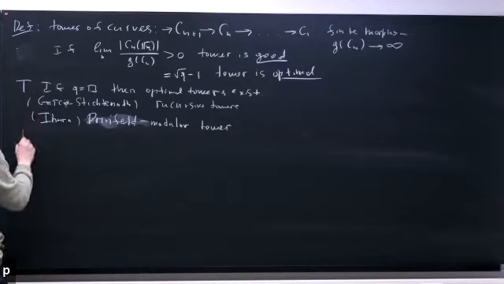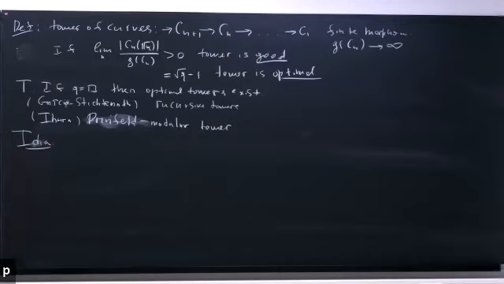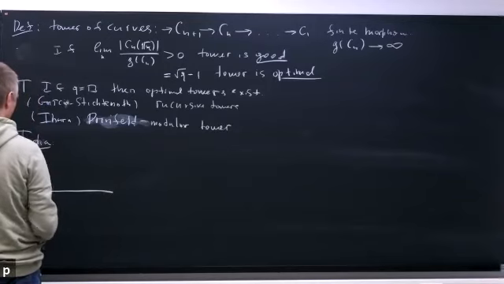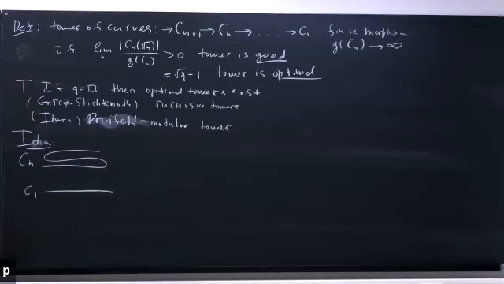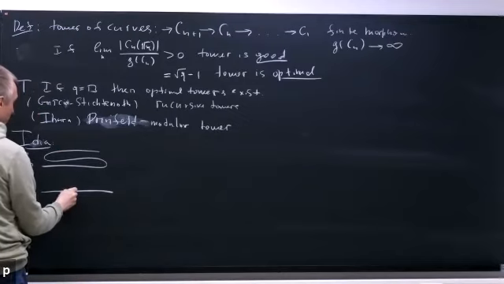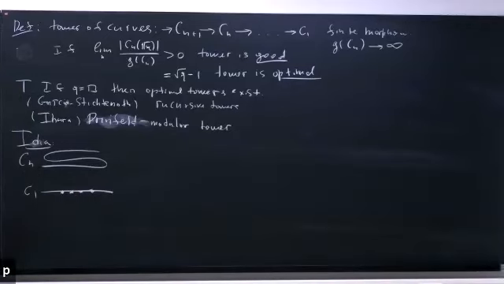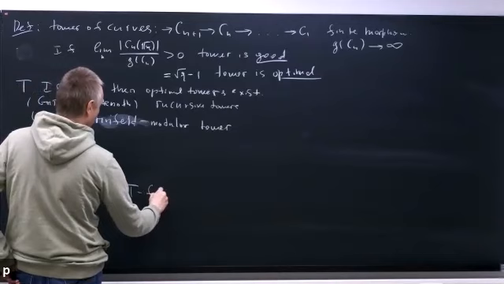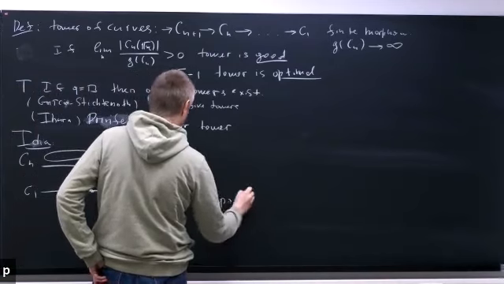Okay, what's the idea of all these constructions? Let me sketch it. When we have a tower, suppose this is C_1, and we take one curve of this tower, C_m. How can we find many points on C_m? Suppose we have a finite set T of points which are totally split.